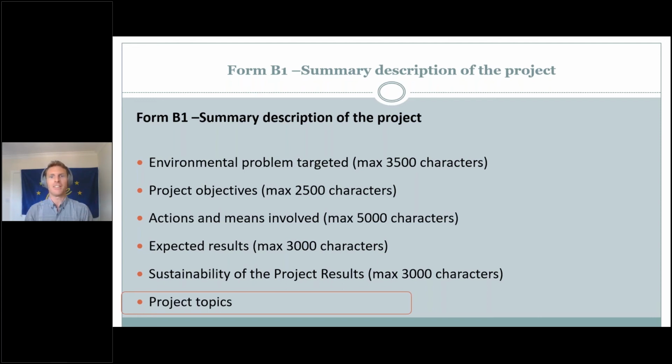Select carefully, as your project will need to satisfy all of the elements defined in that project topic or topics. You will not lose points for selecting one, but you will for not meeting the elements of the selected topic. This section also requires the applicants to briefly describe reasons why the proposal is relevant to the project topic or topics.